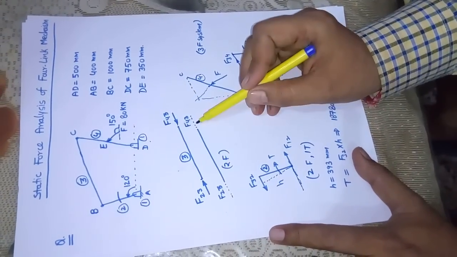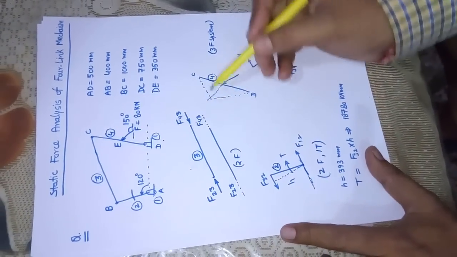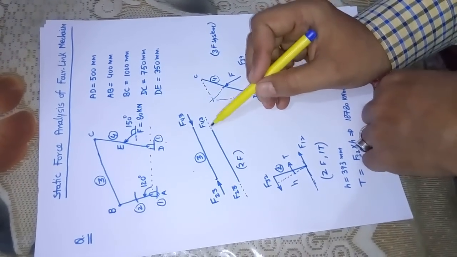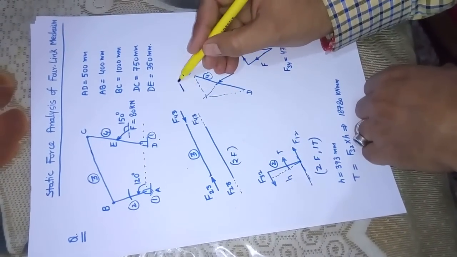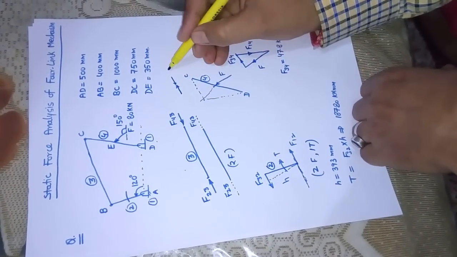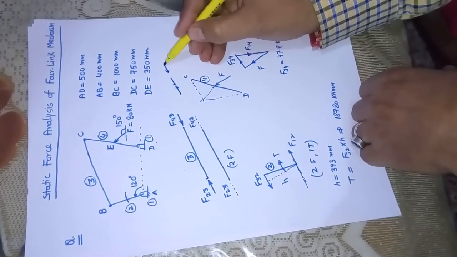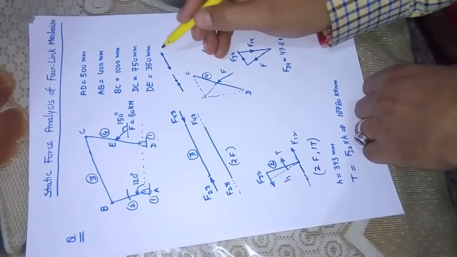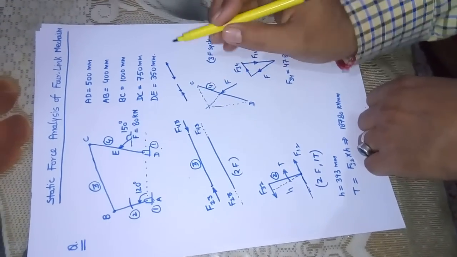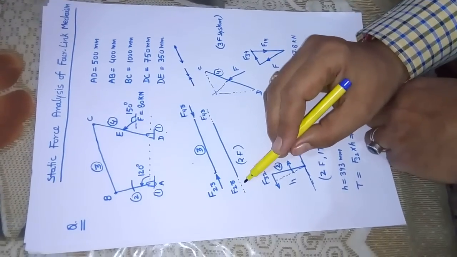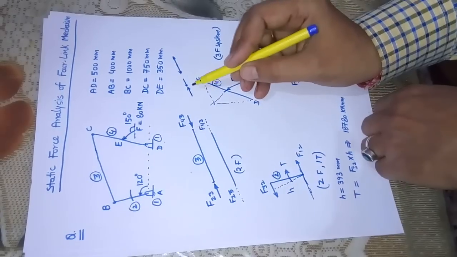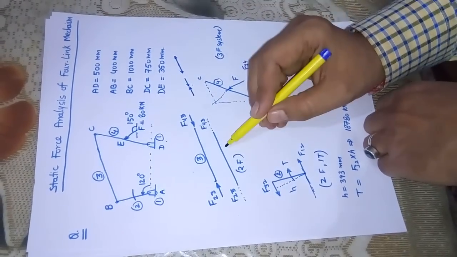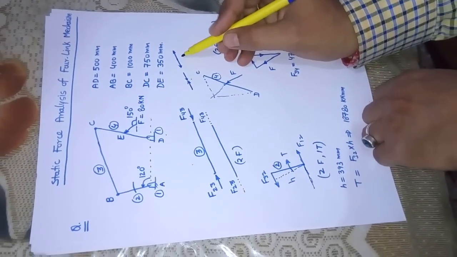Why is it acting along this? Because for a two force member, if we are talking about equilibrium, the forces should be equal and opposite. So it will be either arrowhead towards a point or away from the point. That is the condition for equilibrium under two forces. But we do not know the direction, that is, whether the member is under compression or under tensile state.